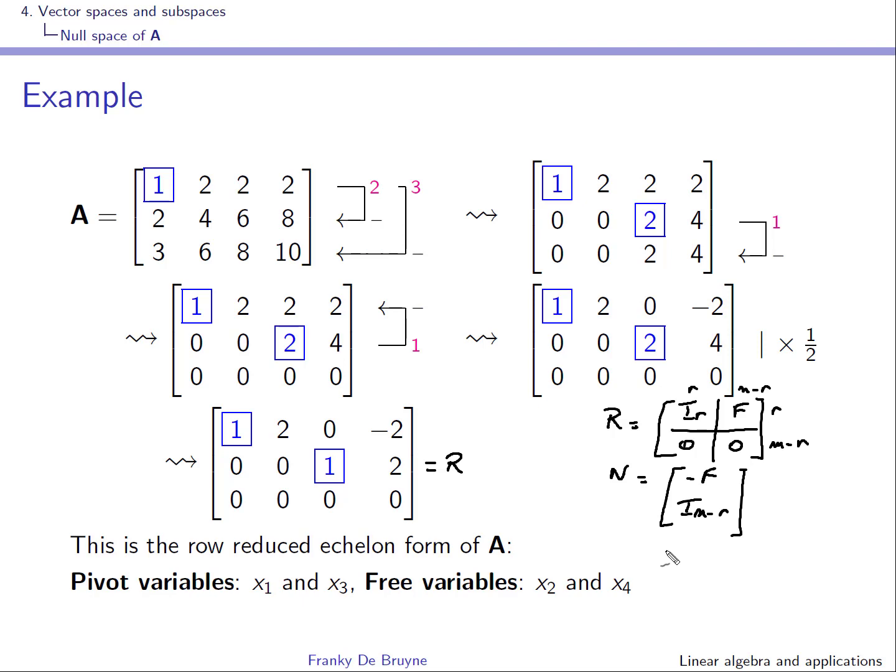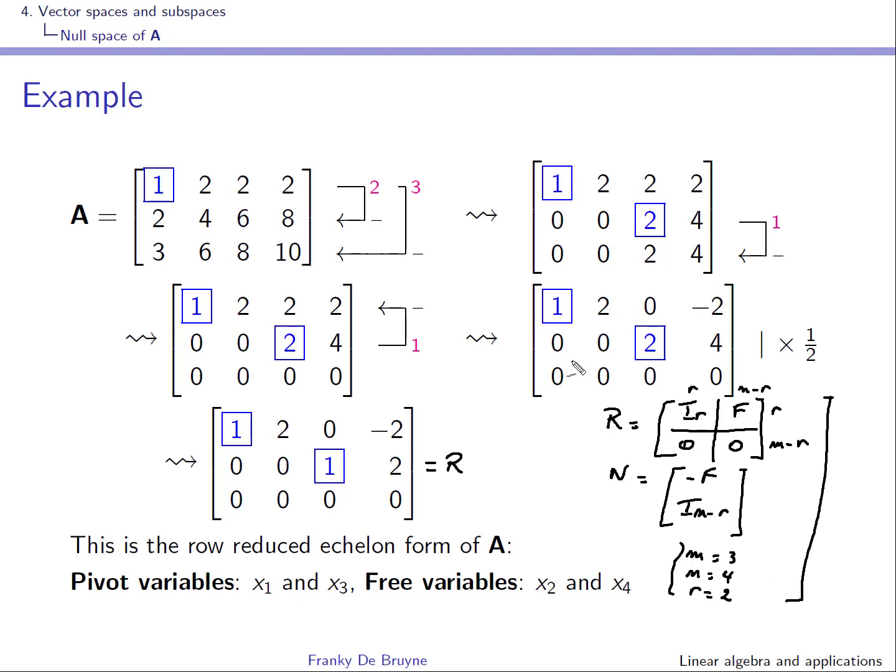Okay, so here m is equal to 3. There are 3 rows. N is equal to 4. There are 4 columns, and the rank is 2. There are 2 pivots over here. So let's have a look if we can use this theoretical approach.